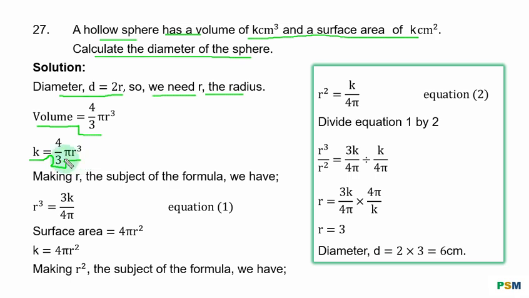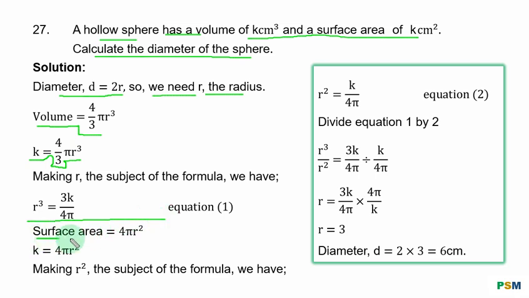You make r cubed the subject by first multiplying through by 3 to clear the fraction, then dividing both sides by 4 pi, and you have equation 1.